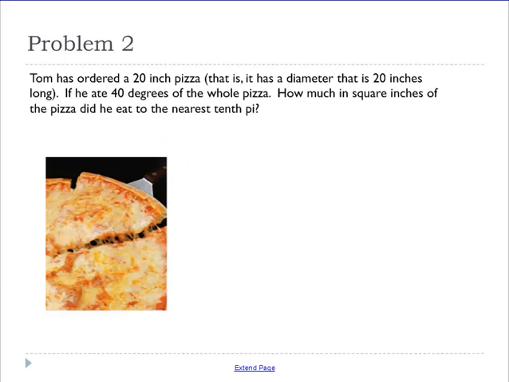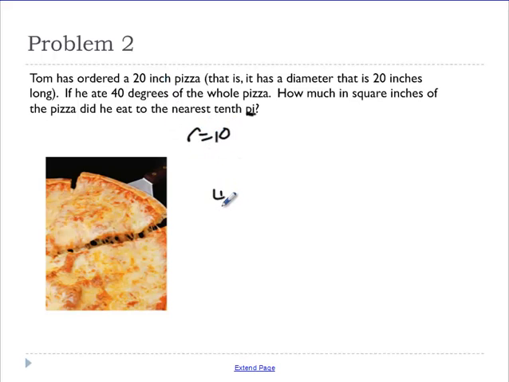So we've got a 20-inch pizza, meaning the diameter is 20 inches. If he ate 40 degrees of the whole pizza, how many square inches did he eat, to the nearest tenth of a pi? This is telling me I need to answer with the term pi in there, and I want to round the rest to the tenth. So 20-inch pizza means r is 10.